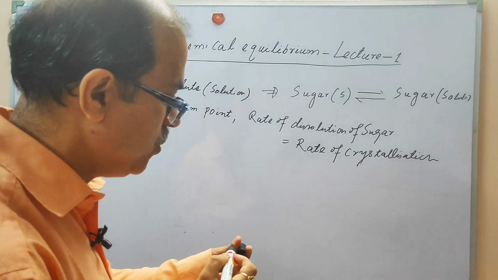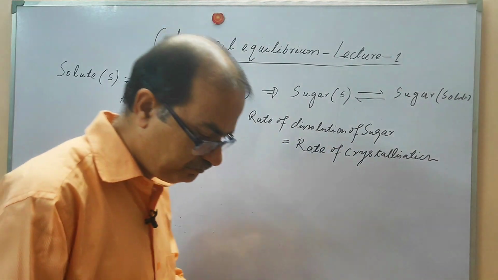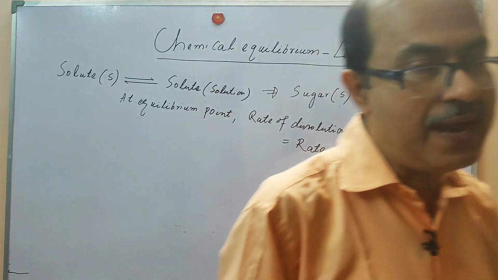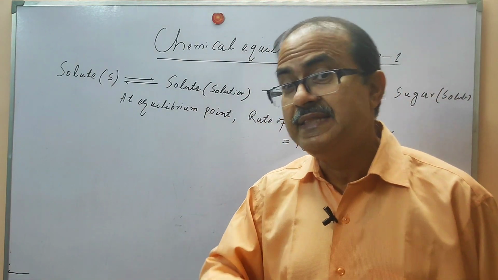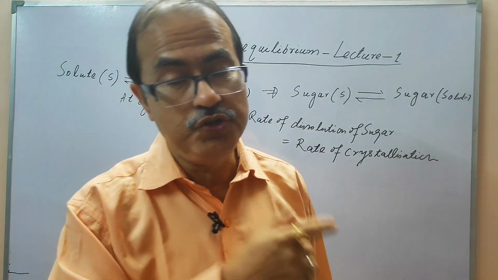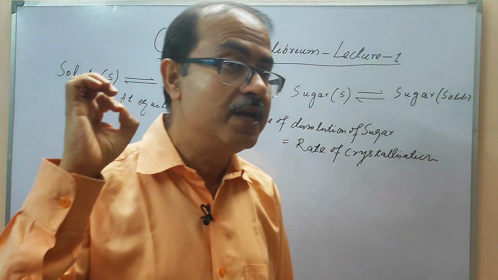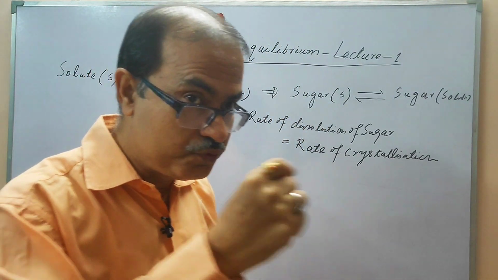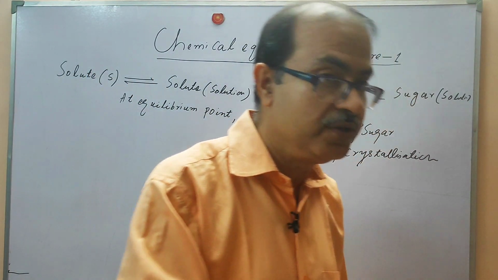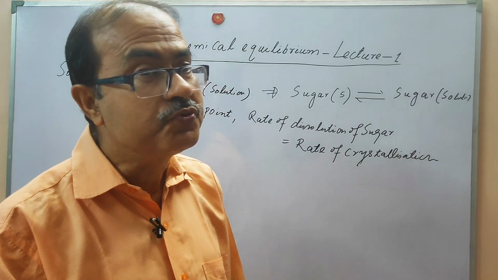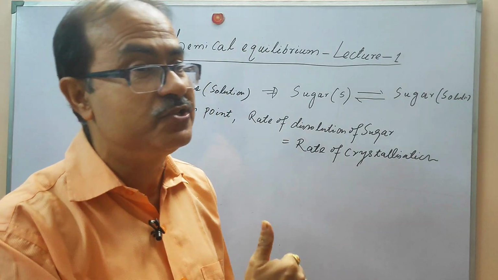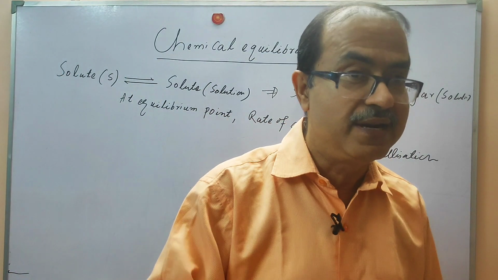At that point, what is going to happen? At this point, you will find that the number of sugar molecules being dissolved and the number of sugar molecules being crystallized will be equal. The rates are equal.